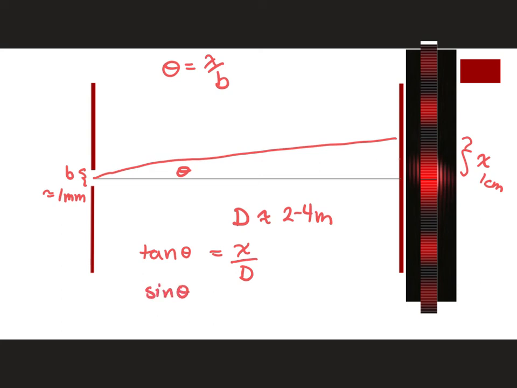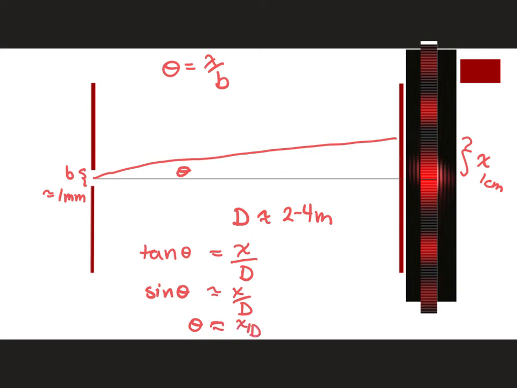Because this is so small, the opposite side is basically the same length as the hypotenuse. So similar that, for the number of significant figures we have, we can say they're about the same. So that's going to be about the same as x over D. And again, since we are dealing with small angle approximation, that's the same as theta is x over D.